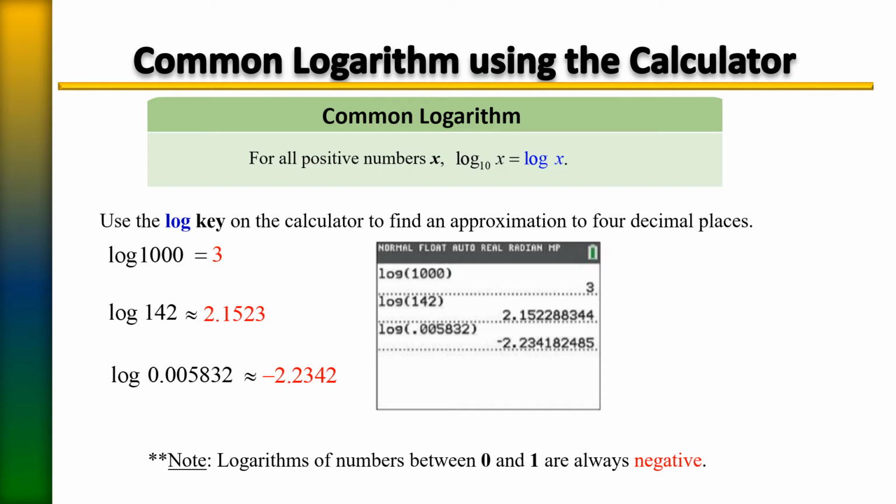Now, if you are trying to find the common log of a number that's between 0 and 1, you're going to find that what you get out is a negative number. So go ahead and see if you can do this. On some calculators, you may have to put the number in parentheses. On others, the parentheses will be there once you hit the log key.